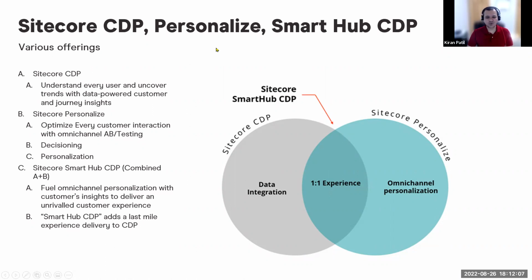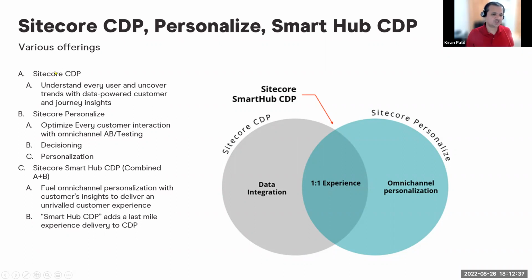So when you are talking to someone, make sure that you clarify: are you talking about Sitecore CDP only or Sitecore Personalize and CDP both? And when you use both, you can also call it Smart Hub CDP. These are terms which Sitecore also uses. So when you are interacting with Sitecore support or a Sitecore account representative, make sure that you clarify that if you are using Sitecore Smart Hub CDP, it means you have purchased both the products, CDP and Personalize.